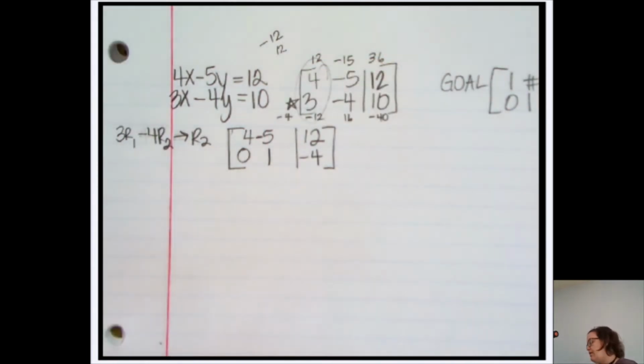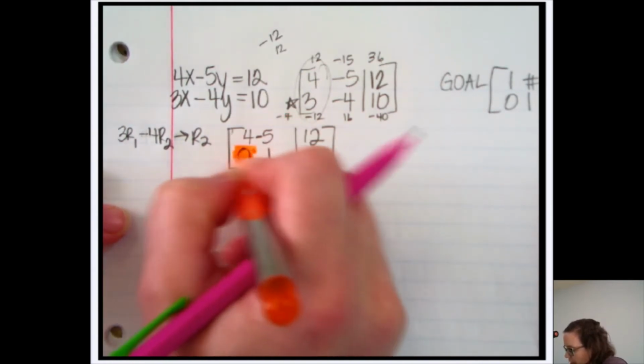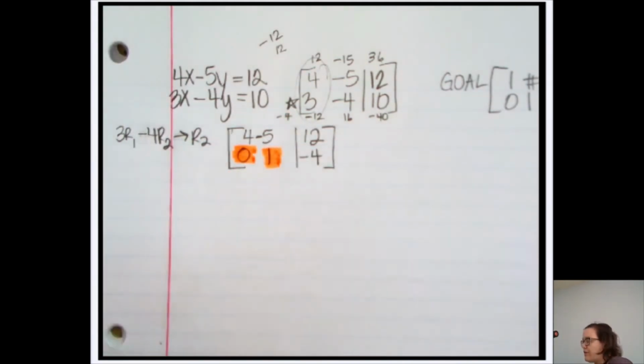Now, what happened here that's pleasant or nice for us? A bonus. It already gave us a 1, even though that's not what we were looking for at that point. So sometimes one step will give us 2 steps.